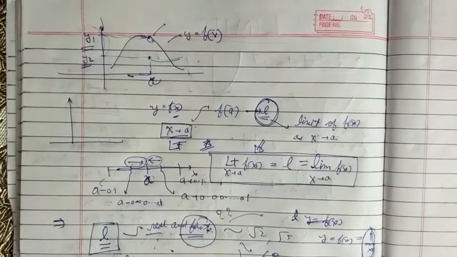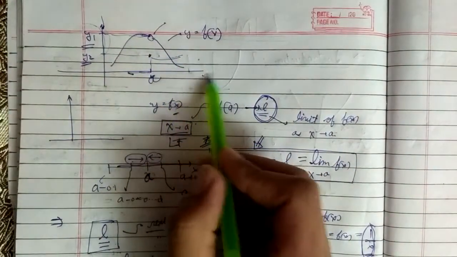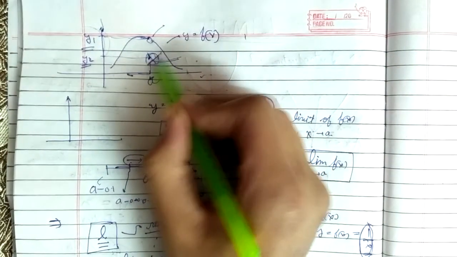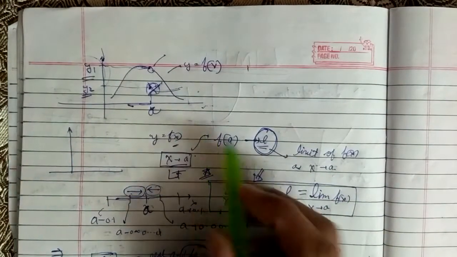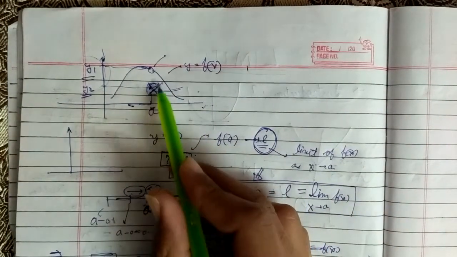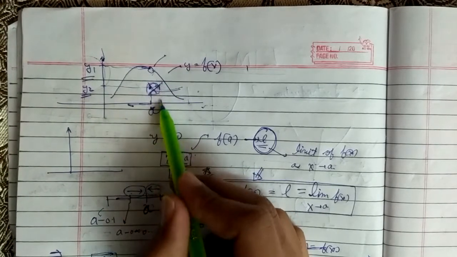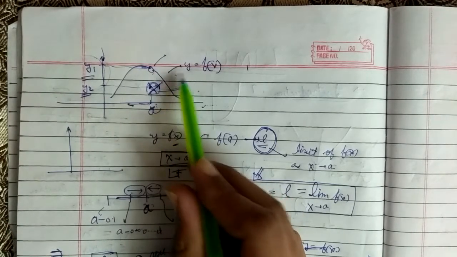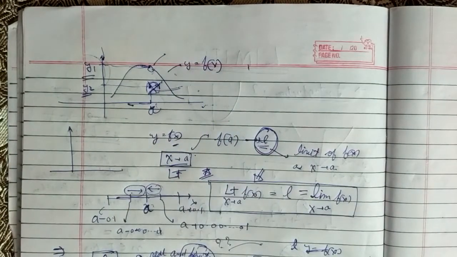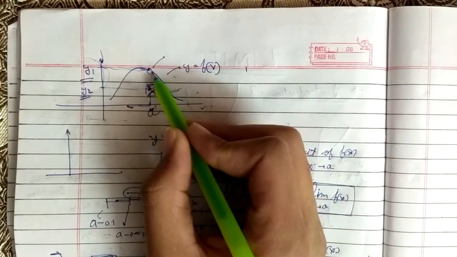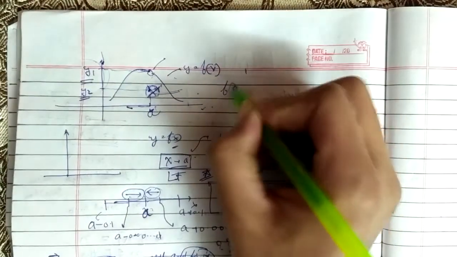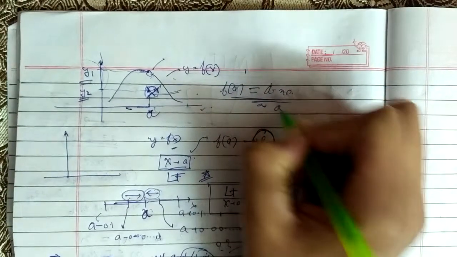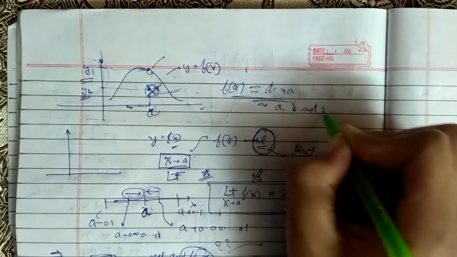For example, if this point would not have been there, then we would say that there exists no value of the function at x equal to a. So we will say that x equal to a is not in the domain of the function y equal to f of x, so the value of f of a does not exist, as a is not in the domain.